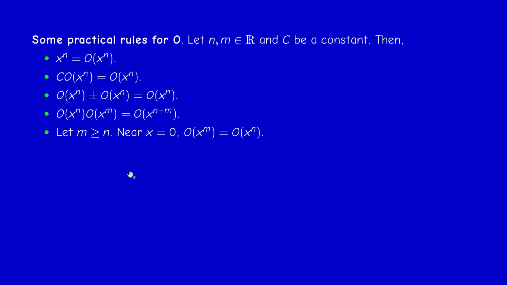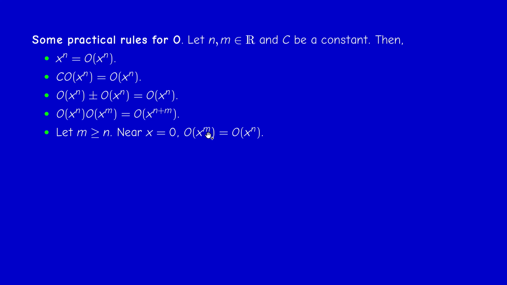Now here there is a maybe difficult point. We have to specify near which point we are doing these asymptotic estimates. If you are near zero, and m is bigger than n, then xm is much closer to 0 than xn. So the ratio xm over xn is less than 1.